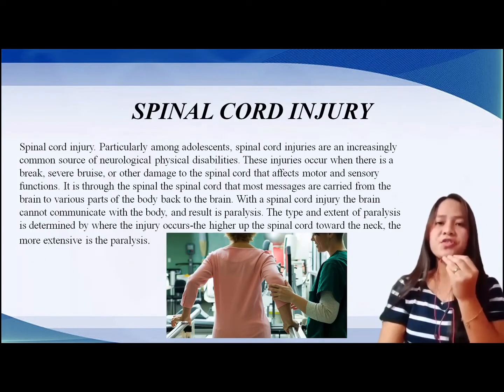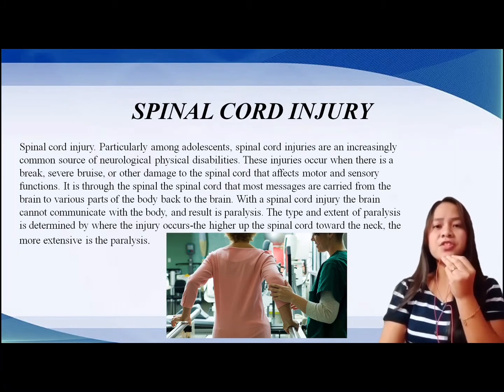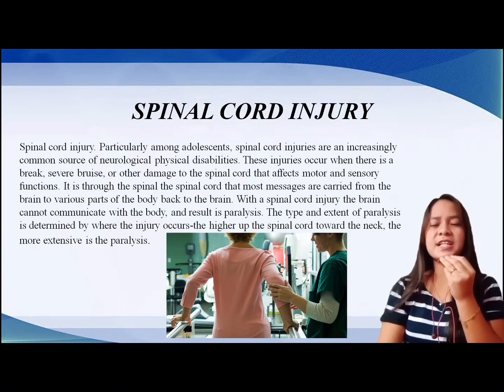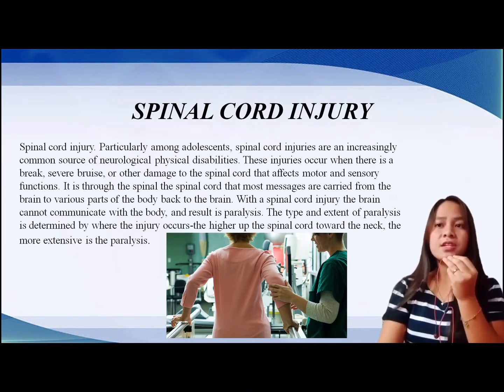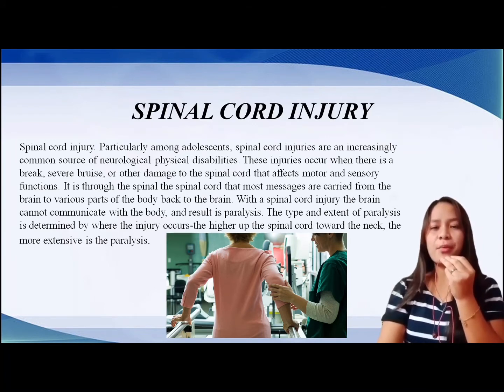Spinal cord injury. Particularly among adolescents, spinal cord injuries are an increasingly common source of neurological physical disabilities. These injuries occur when there is a break, severe bruise, or other damage to the spinal cord that affects motor and sensory functions.